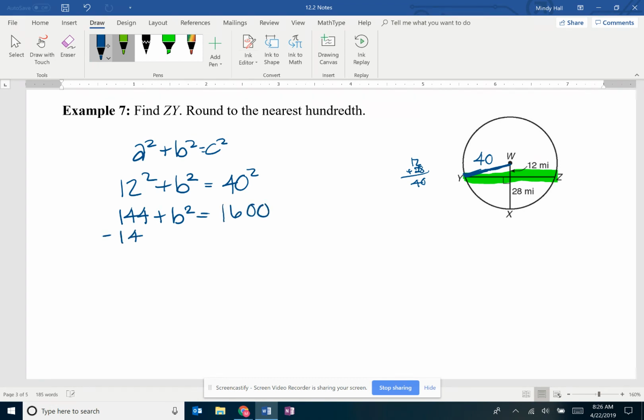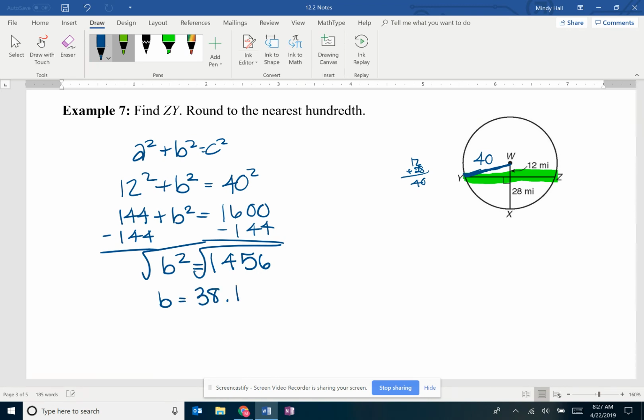When we subtract 144, we get B squared equals 1456. When you take that square root, you get that B is about 38.158.